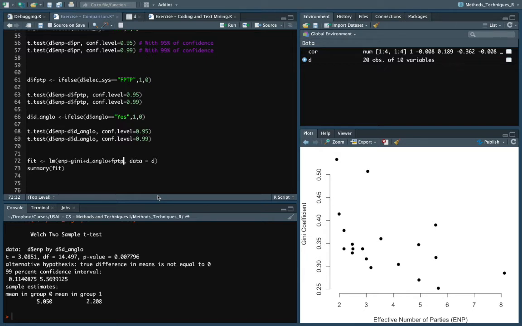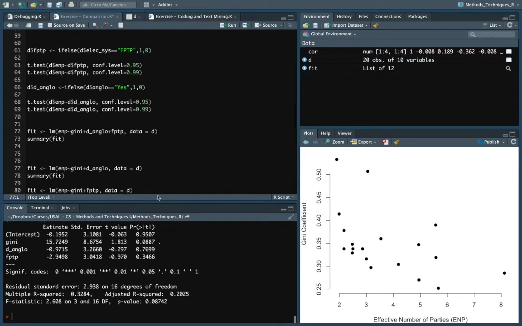The higher the Gini, the lower the ENP. If the country is Anglo-Saxon, the lower the ENP, and if the electoral system is first past the post, the lower the ENP. Okay, so let's run this regression analysis.